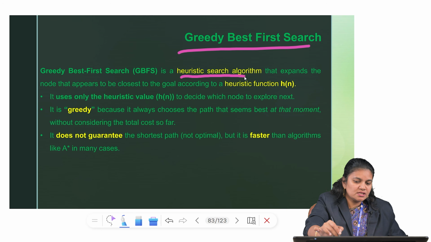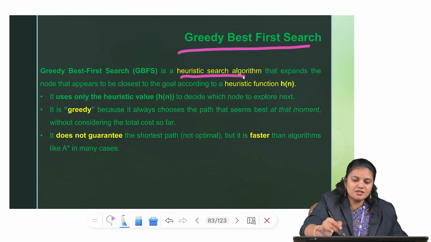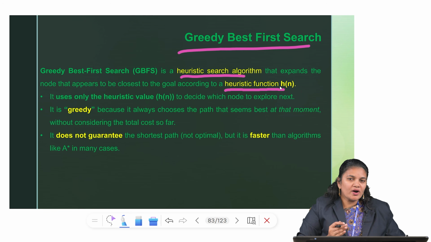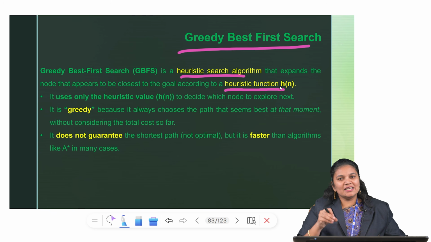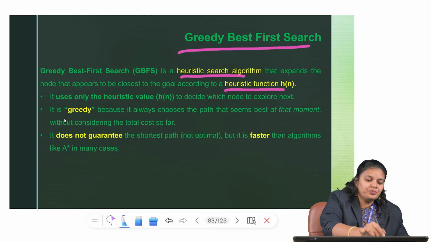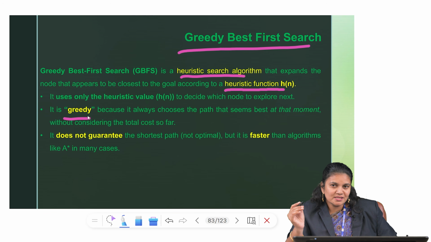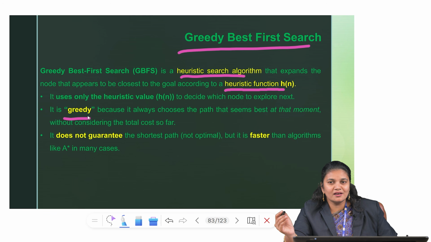So this is a heuristic search algorithm because the additional information we are going to use will tell how far the goal point is from my intermediate point. So that is the heuristic function. And this is called greedy because step by step when it moves, it is always greedy to reach the nearest one, to find out whether the goal is at the shortest distance or not.